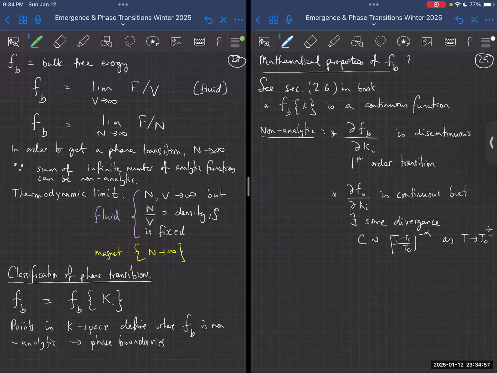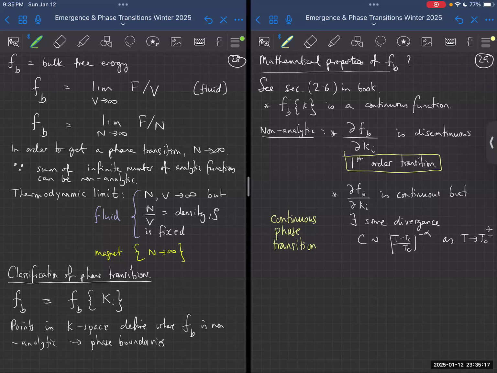So that's called a continuous phase transition. This one here is called a first order phase transition.